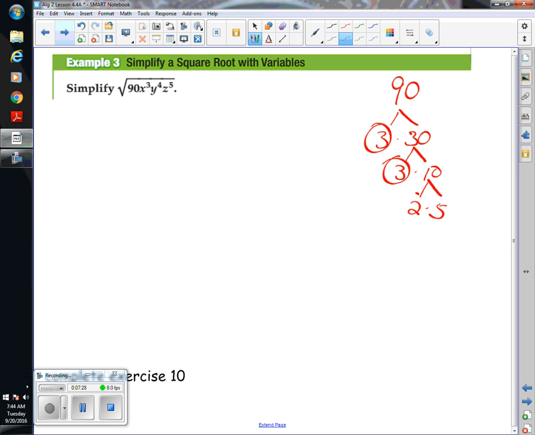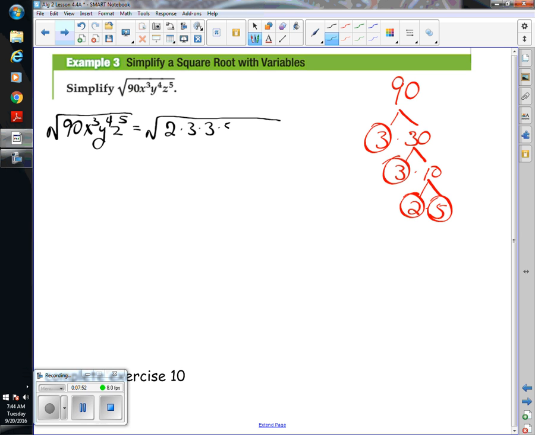So I'm going back to this expression over here, the square root of 90 x to the third, y to the fourth, z to the fifth, and now I'm going to break this entirely apart. From our prime factorization for 90, I have 2 times 3 times 3 times 5.